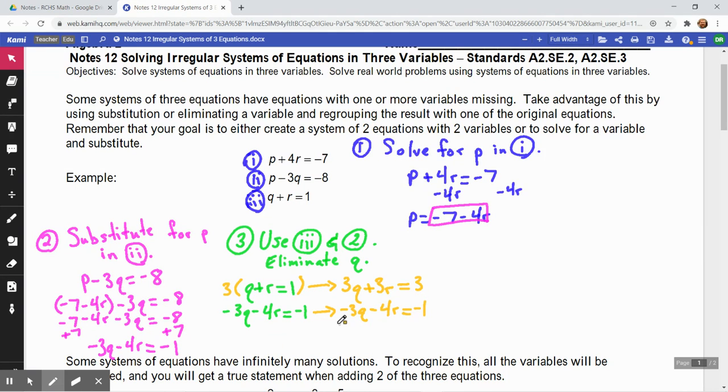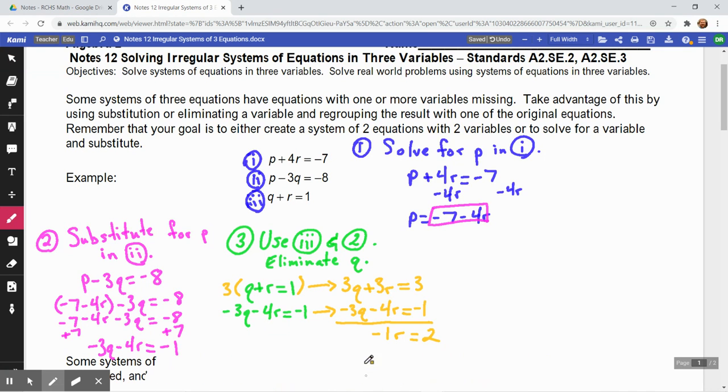And now if we combine our two equations, we're going to have the Q's cancel away. We're going to have 3 minus 4R, which is negative 1R, equals 3 and negative 1 combines to 2. And through a quick division right here, we can divide by negative 1. And we get R equals negative 2.